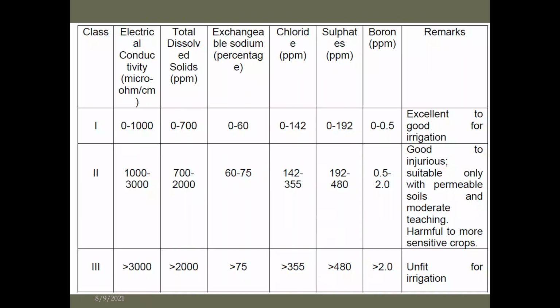So in a nutshell, in this figure, whatever we have studied, if we take all these parameters at once, we can classify the water into three categories: one, two, three, based on electrical conductivity, total dissolved solids, exchangeable sodium percentage, chlorine, sulfates, and boron.